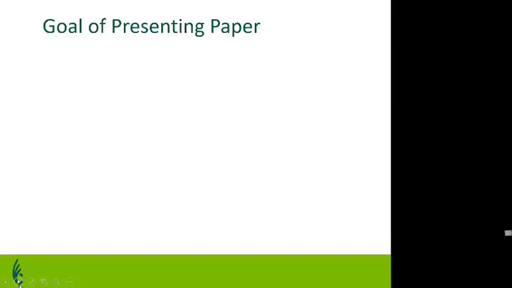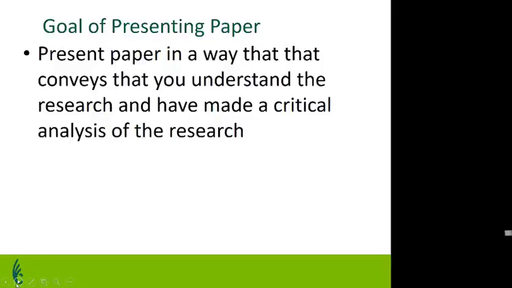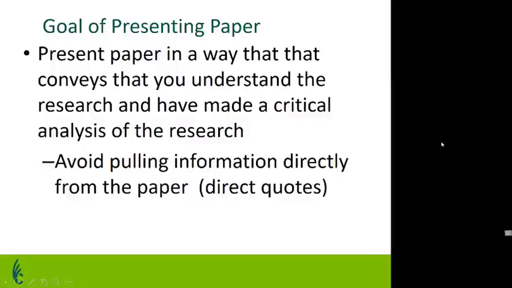When we look at our goals of presenting a paper, we want to present the paper in a way that conveys that you understand the research and that you have made a critical analysis of this research. You want to avoid pulling information directly from the paper.